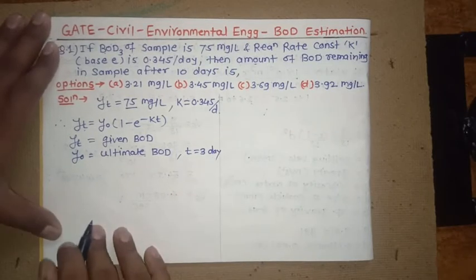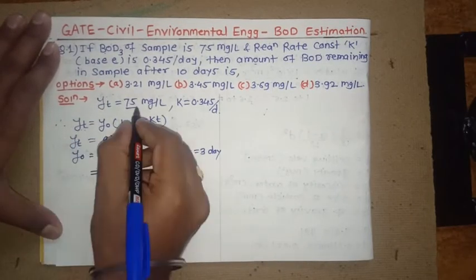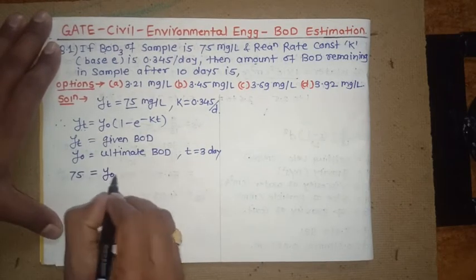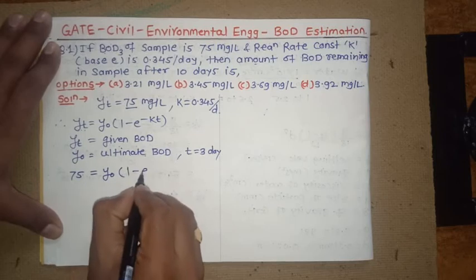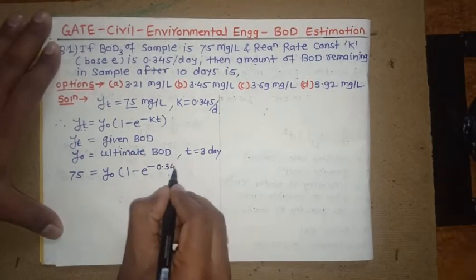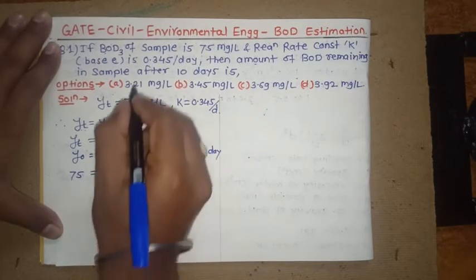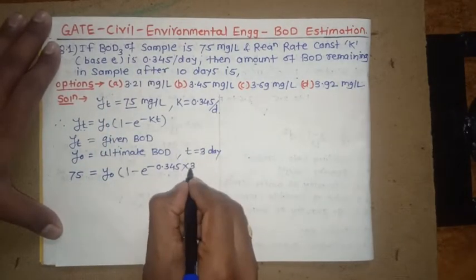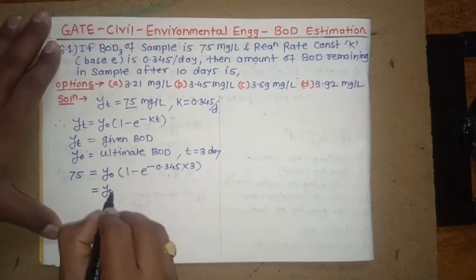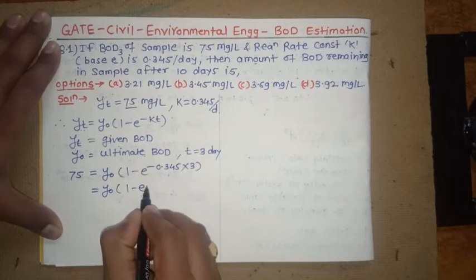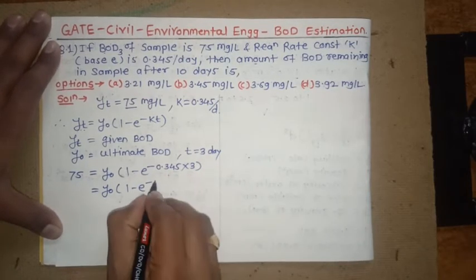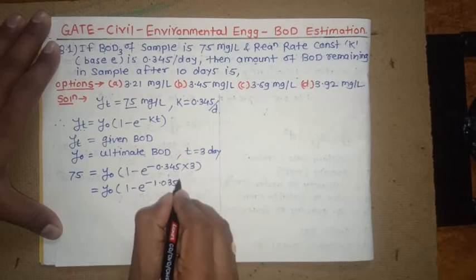Okay, so put the values. Yt is 75, Y naught to be calculated, 1 minus e raised to minus K, which is 0.345, into t, which is 3 days, so 3. Now calculate Y naught times 1 minus e raised to minus. After calculation of this we have 1.035.